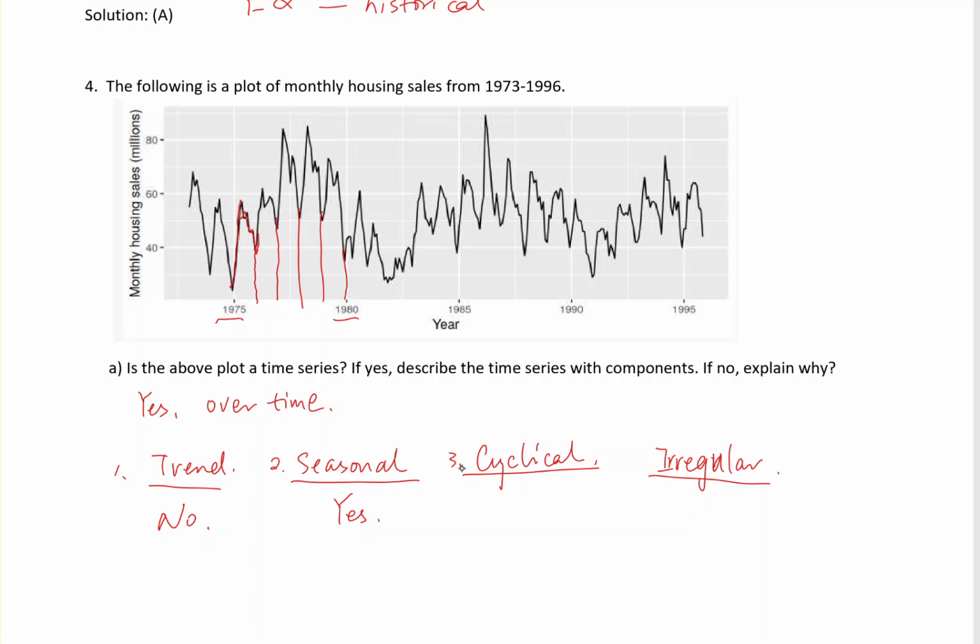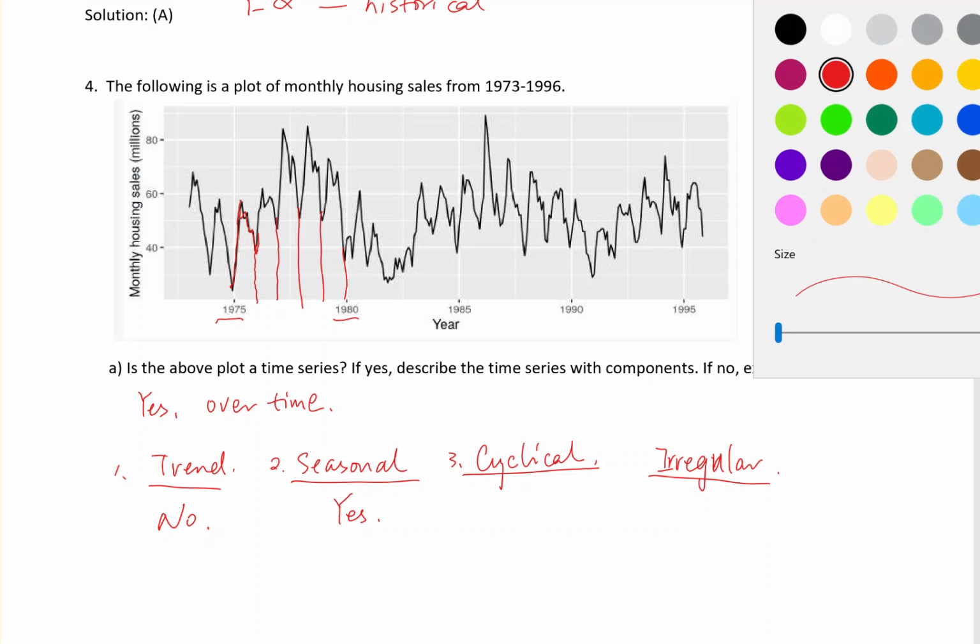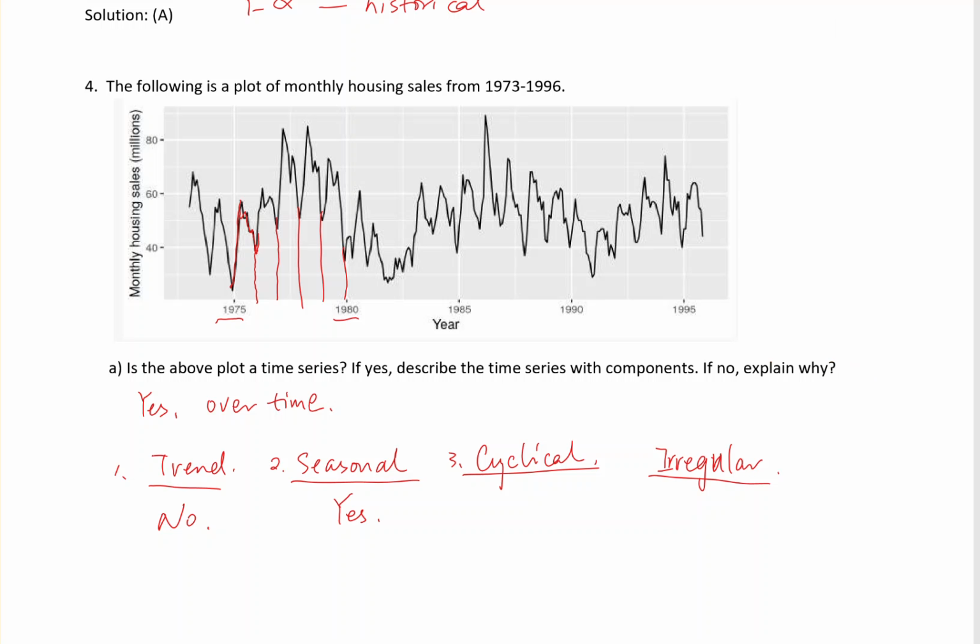Okay, so what about the third one? Cyclical component. We say the cyclical component is the repeated pattern over more than 1 year, right? So let's look at whether there is any repeated pattern over years. Yes, right?